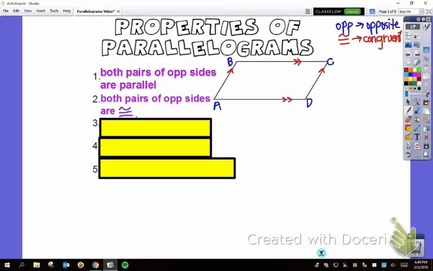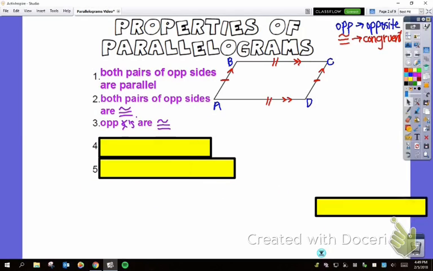So our opposite sides are congruent. Here I have the top BC, which would be congruent to AD at the bottom. And then CD would be equal to AB on the opposite side. So both pairs of opposite sides are congruent.